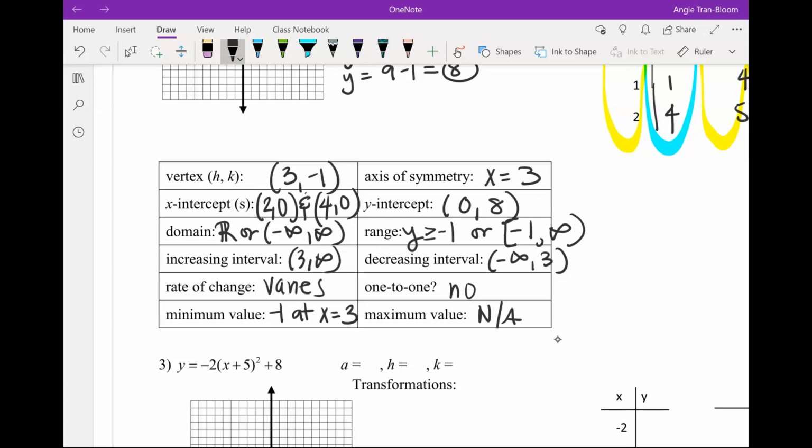If you have notes that are printed, you can get a head start on 3, at least state the A, H, and K. -5, that's right.